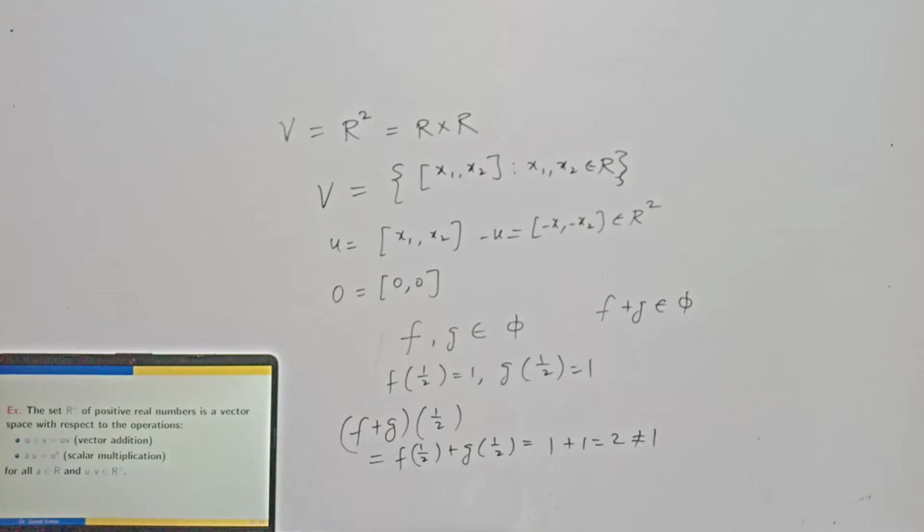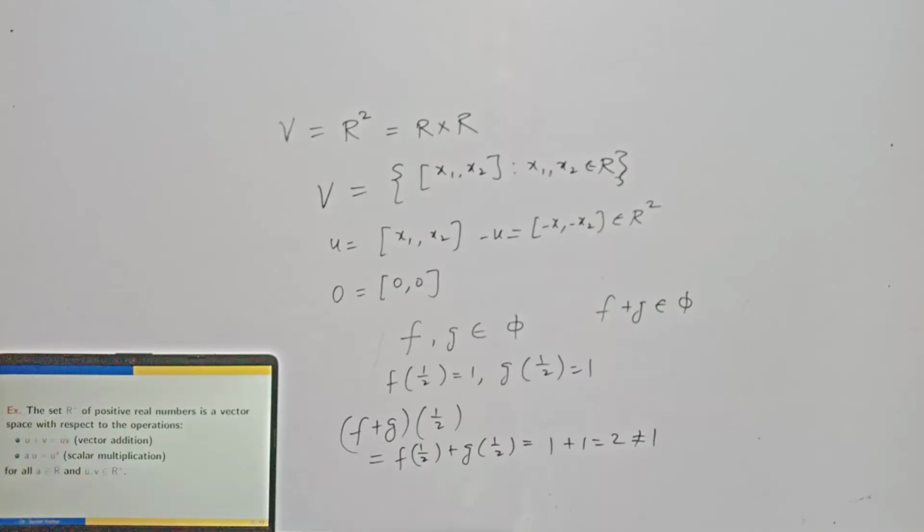So in this case also you can verify all the properties. For example, first property, the closure property with respect to vector addition. u plus v is what? u into v. u and v are positive real numbers, so u into v is also a positive real number, right? Similarly you can verify all the remaining 9 properties. The main thing is that you need to focus on the definitions of vector addition and scalar multiplication.